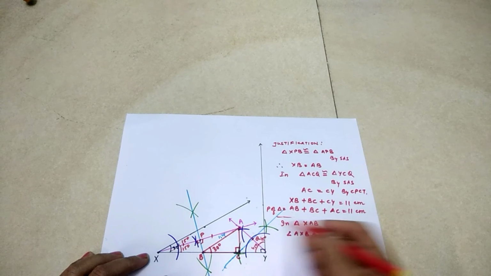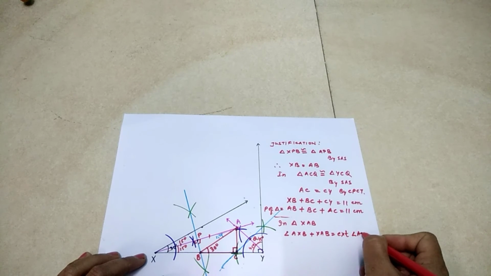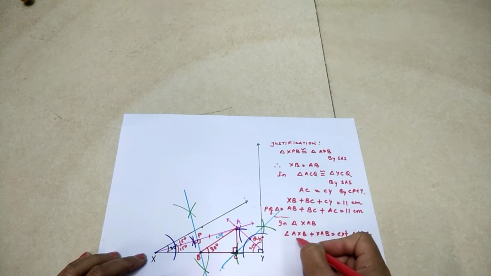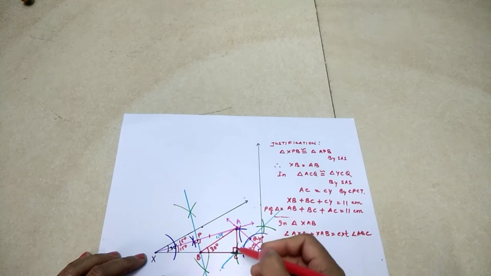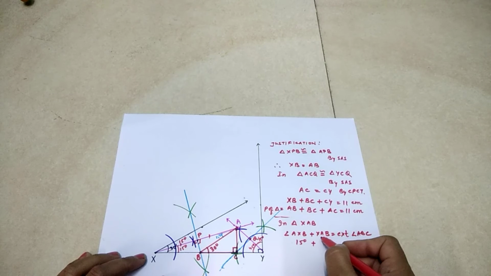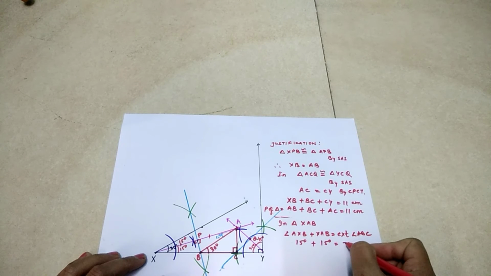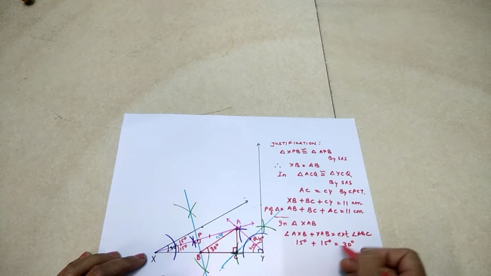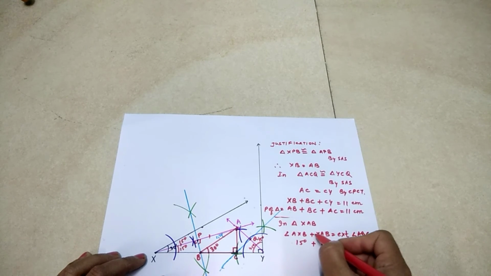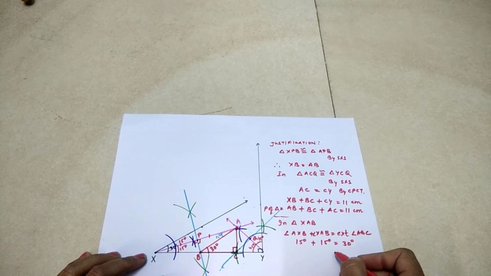Now let's see the measurements of the base angles of the triangle we have constructed just now. In triangle XAB, we see that angle AXB plus angle XAB is equal to exterior angle ABC. We know that the sum of the interior opposite angles in a triangle is equal to exterior angle.